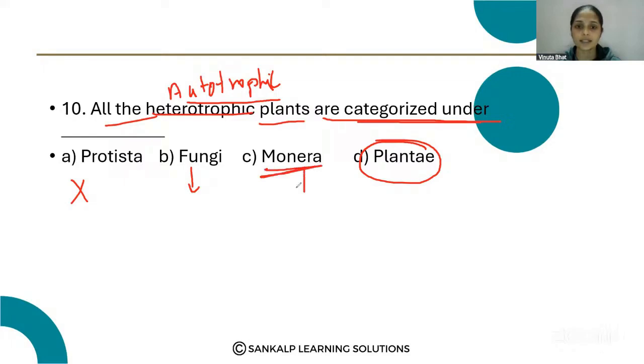Monera contains unicellular prokaryotic organisms. So the correct option is Plantae.